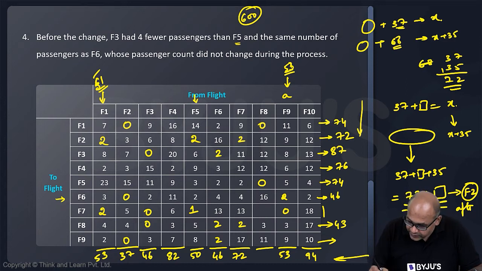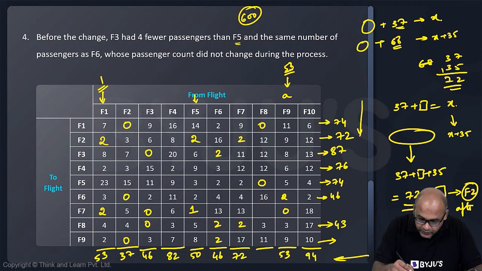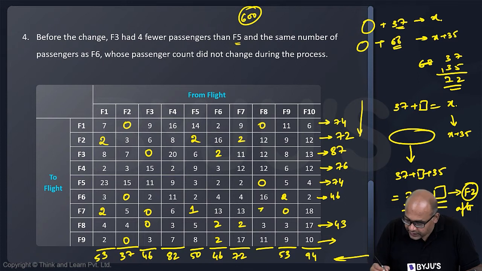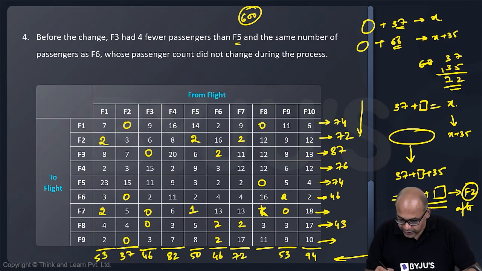I'll just erase all of this which is unnecessary. Let us take this variable as k. So now this total should add up to how much? 7 plus 6, 13, 14, 27, 37, 40, 58 plus k.